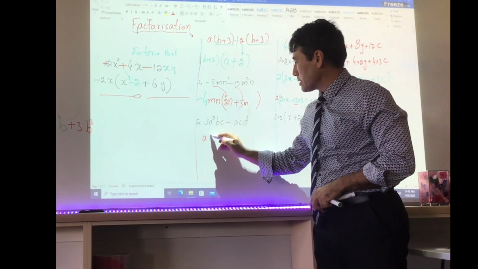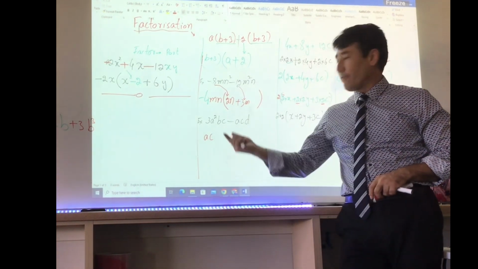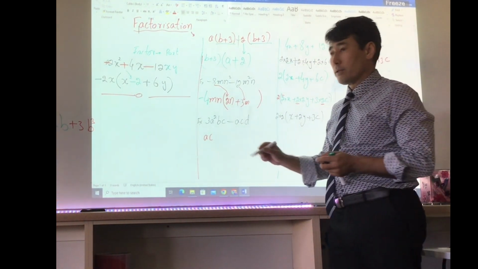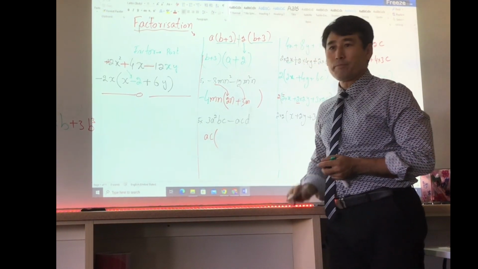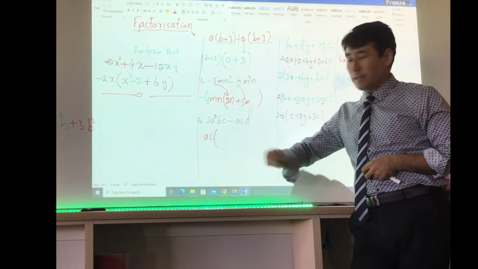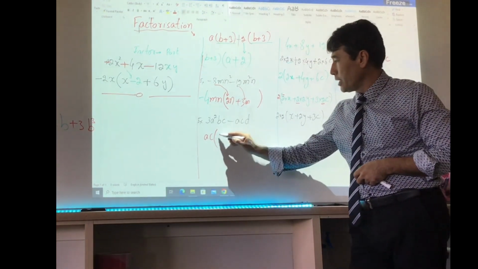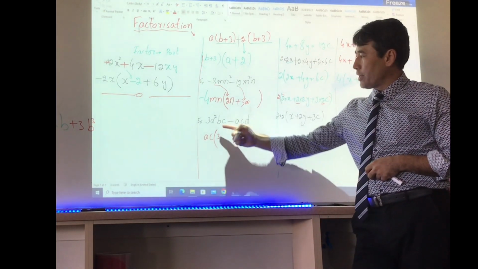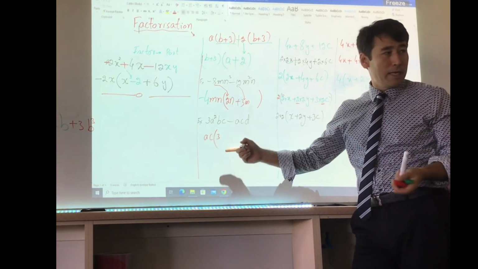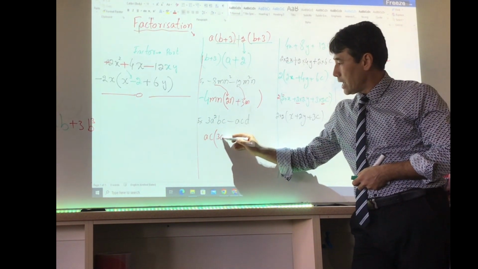A and C are common. AC. We don't have any other things common, right? Let's see what is left. 3AB. In numbers, 3. And in variables, you have A squared, 2A here, 1 is outside, so 1A left.